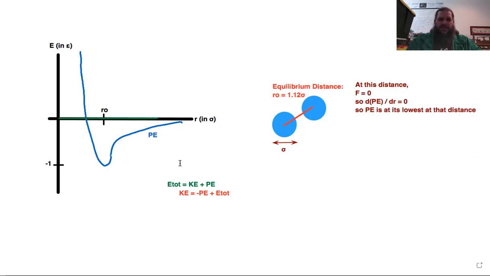So if we bring E total up to 0, then for our kinetic energy graph, again, we could think of this as tracing the potential energy graph. Flip that across the axis.